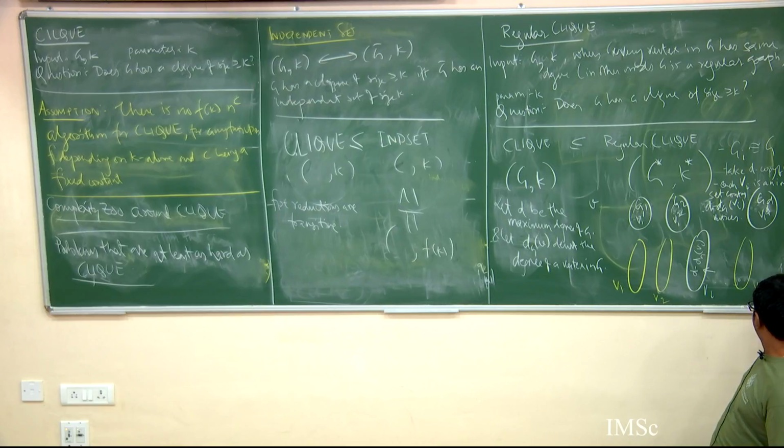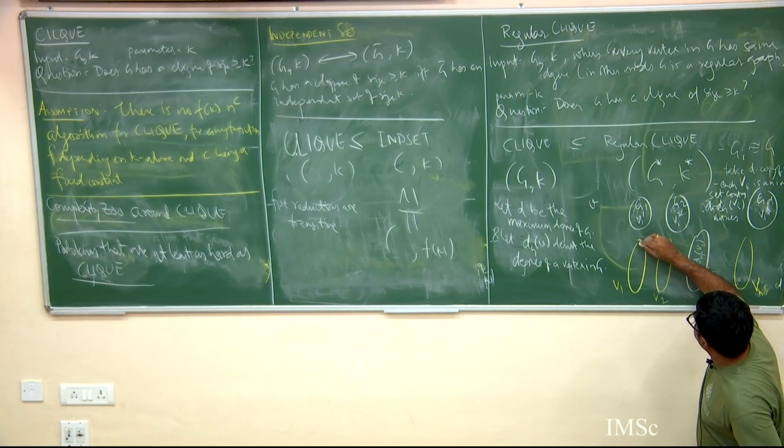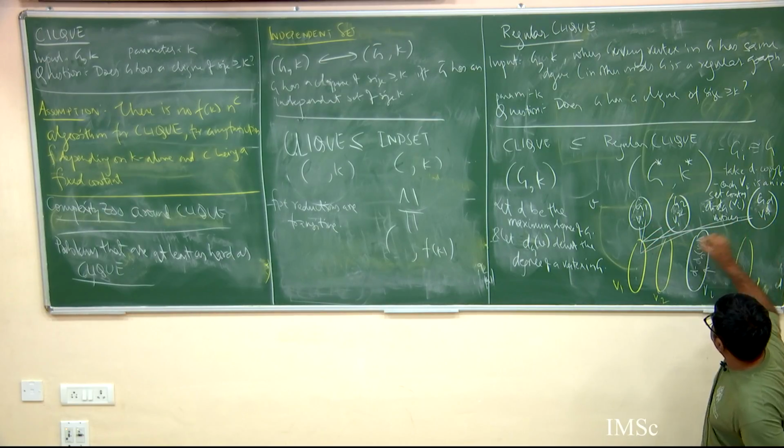Now what you do, take a V_i copy and make it adjacent to every v_i copy in each graph. So for example, every vertex here is going to be adjacent to this. This guy is going to be adjacent to everybody, right?